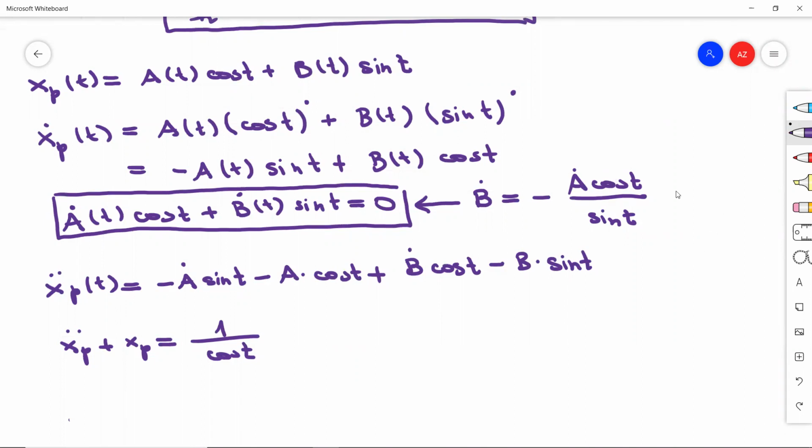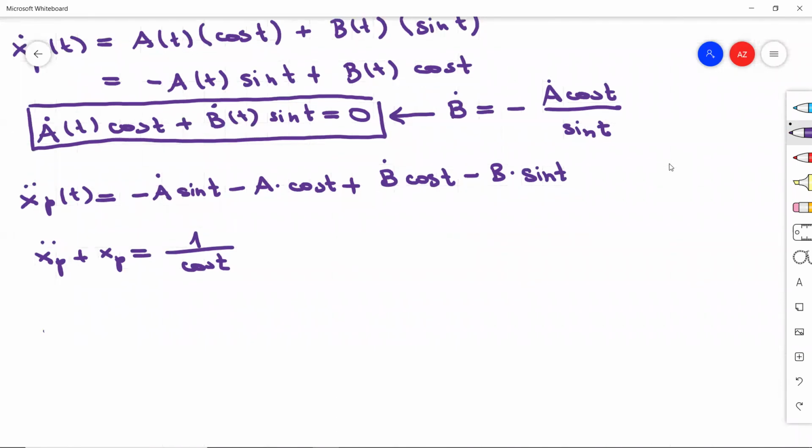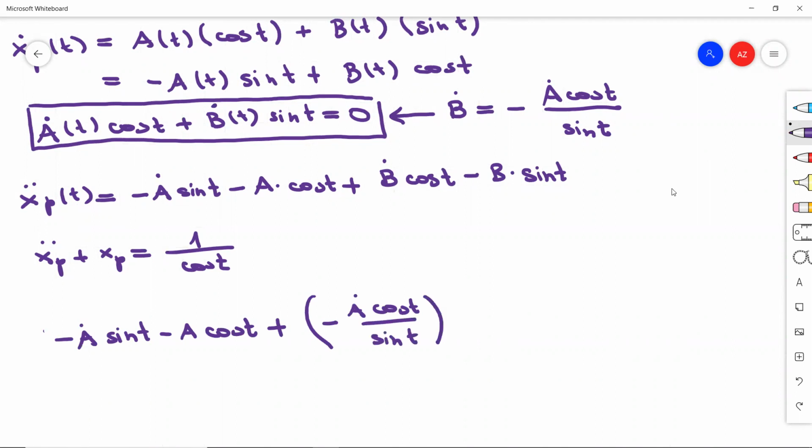So xp double prime is then minus a prime sine t minus a cosine t plus, and instead of b prime, I write minus a prime cosine t over sine t times cosine t, minus b sine t. I can't get rid of this b yet.